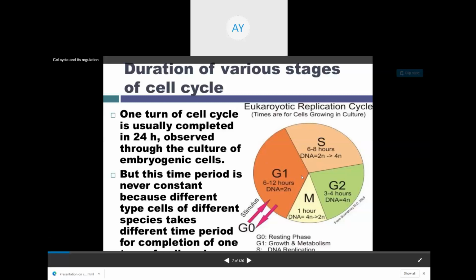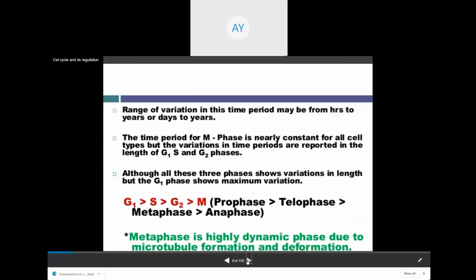So this is the pie chart representation of the cell cycle. Next, I am talking about just the representation of the length of time duration.